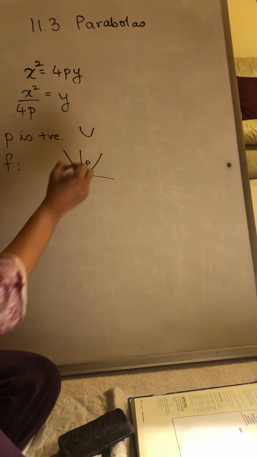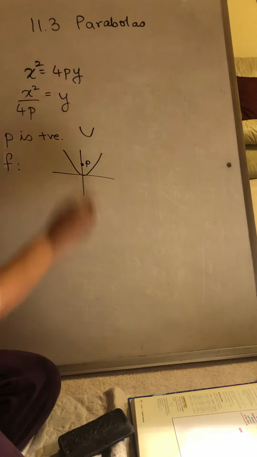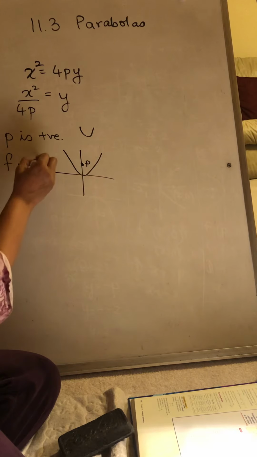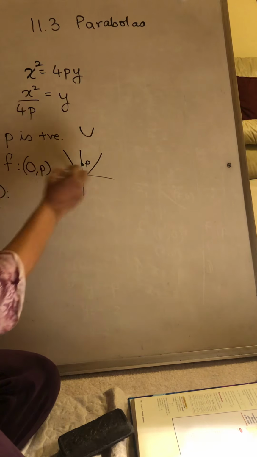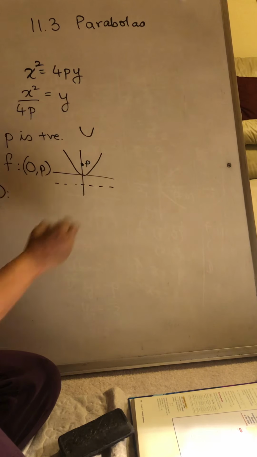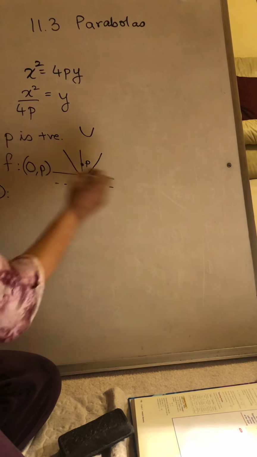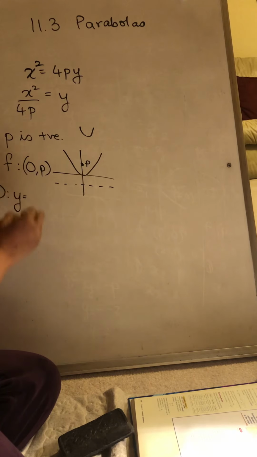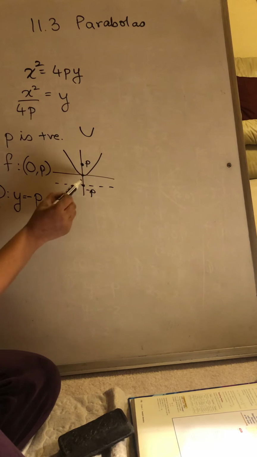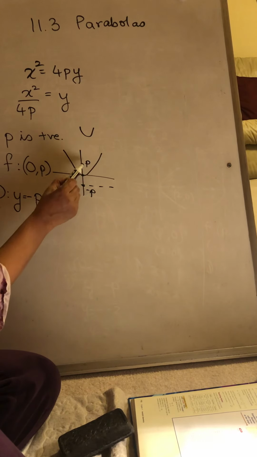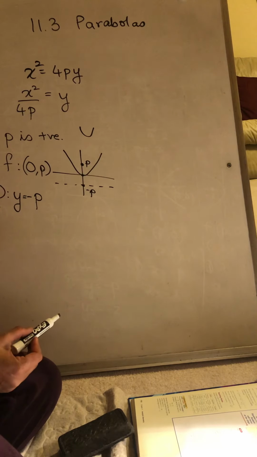So this is my P. It's on the y-axis, so my x is 0. What is the directrix going to be? The directrix is a horizontal line. All horizontal lines are y equals something. So y equals negative P. This is P and this is negative P because they are equidistant. The vertex lies right in the center between the focus and the directrix.